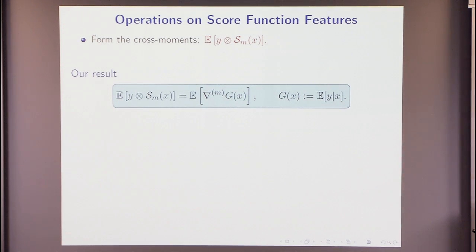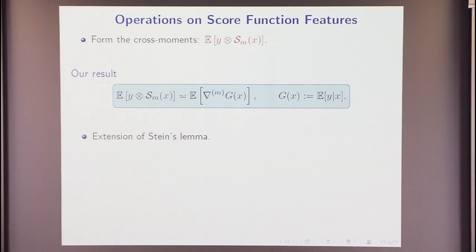And if we look at these cross moments of the label with respect to the score functions, what we obtain are expected gradients of this function. This result is the classical Stein's lemma, which is for order 1, and usually it's shown for Gaussian distributions, but it's a straightforward extension to more general distributions.